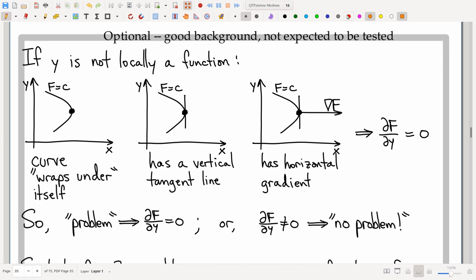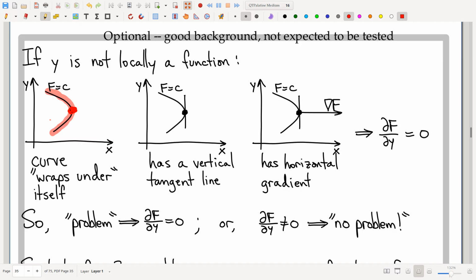The big idea, though, is that if there is a problem, such as at that point right there, a problem happens when the curve is kind of in the process of wrapping under itself. The fact that it is at that very moment wrapping under itself is why I'm destined to fail in a case like this.